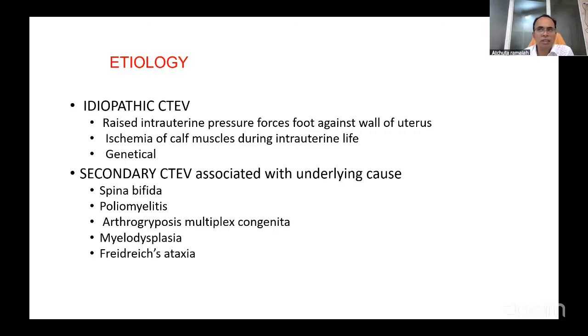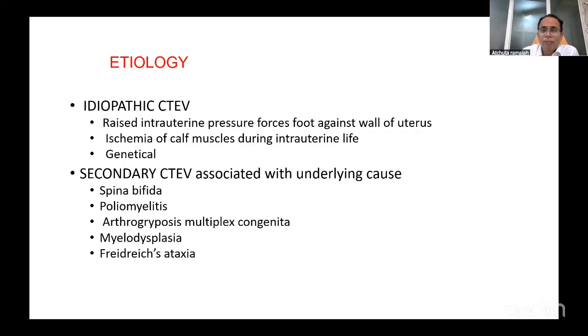Then the presentation will be in a club foot manner, but the cause is not at the foot, it is somewhere else. That's why it is called secondary. Others include poliomyelitis, myelodysplasia, arthrogryposis multiplex congenita, and Friedreich's ataxia. So many other causes are there for secondary CTEV.